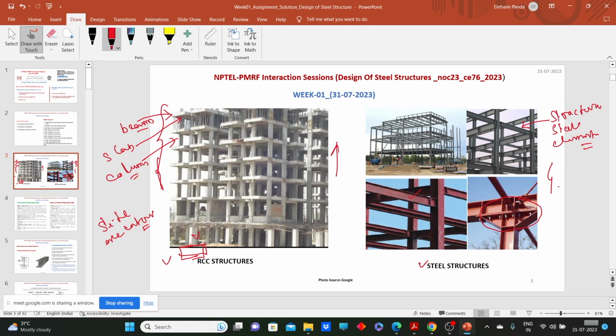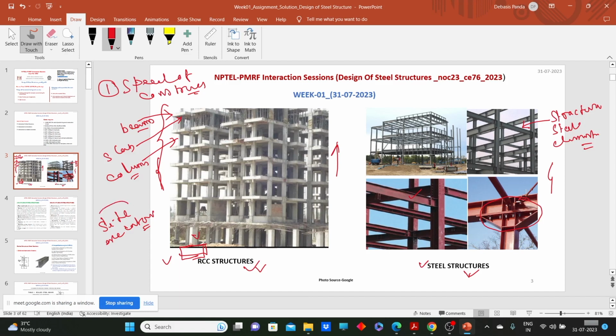One thing that comes to notice is the speed of construction. Speed of construction in an RCC structure is slower than in a steel structure, because we don't need to cast the elements, we don't need to cure the elements, we just make the connections happen.